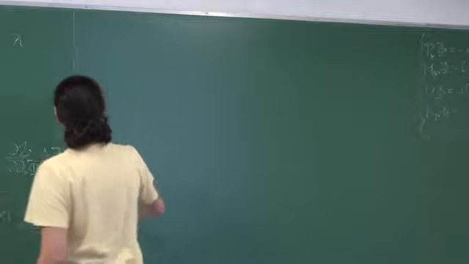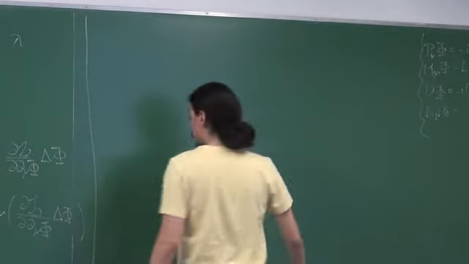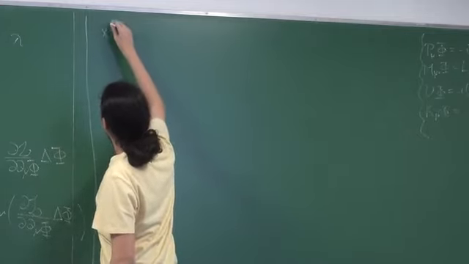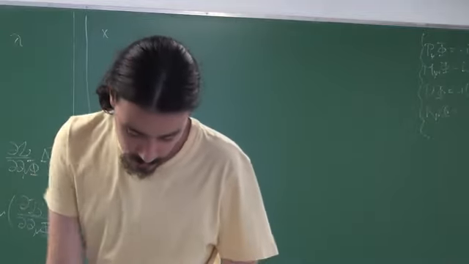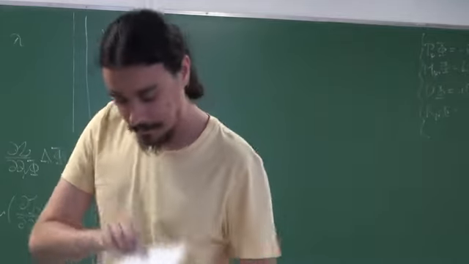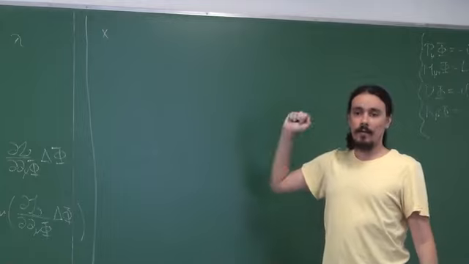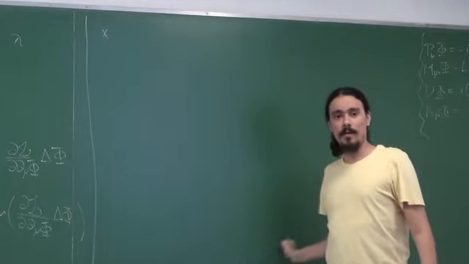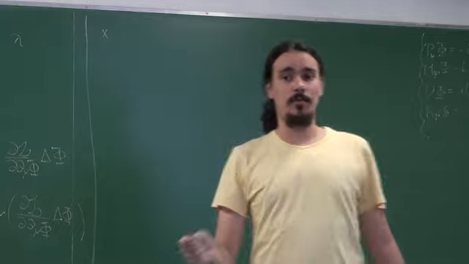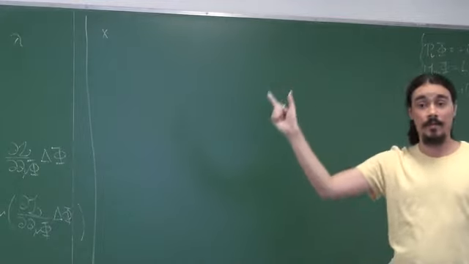And the trick is, recall that you can bypass this Belinfante procedure here and already obtain a symmetric energy momentum tensor if you do the trick of coupling the theory to gravity and perturbing the metric.